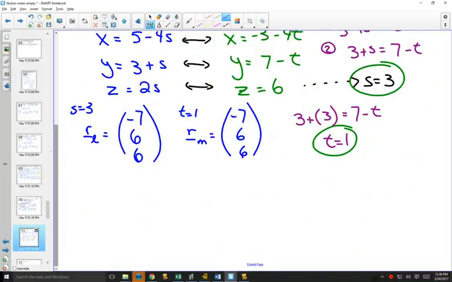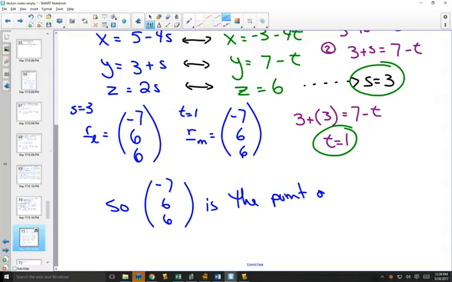So what do I know? Negative 7, 6, 6 is the point on both lines. It's the common point.